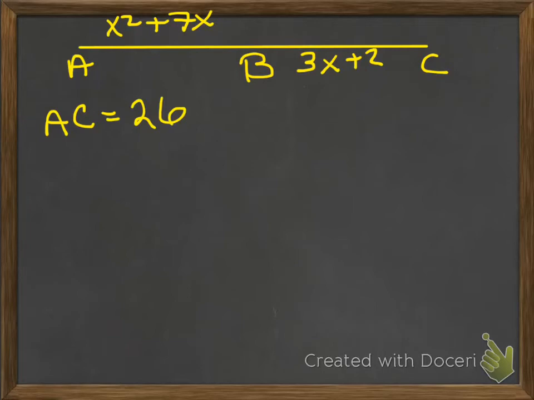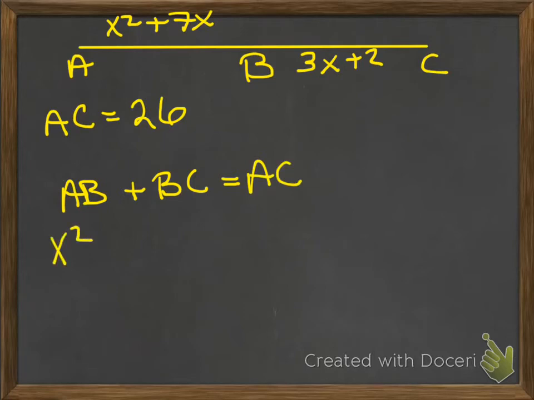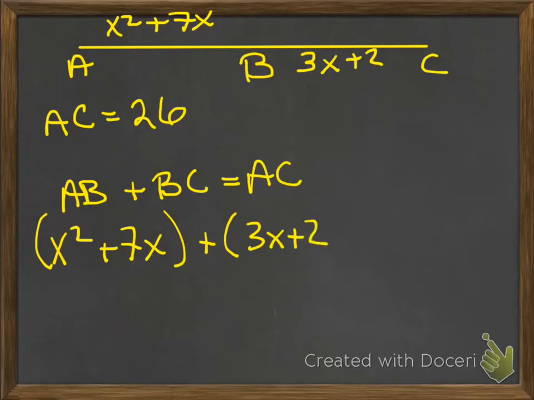Okay, so we know that the segment addition postulate says that AB plus BC is equal to AC. So we're going to plug in. AB is x squared plus 7x. BC is 3x plus 2. And AC is 26.